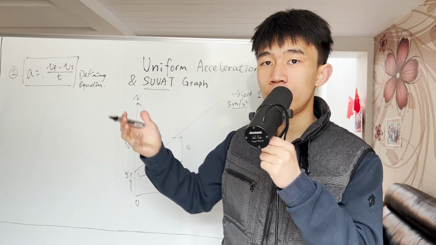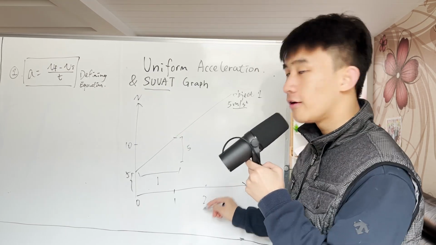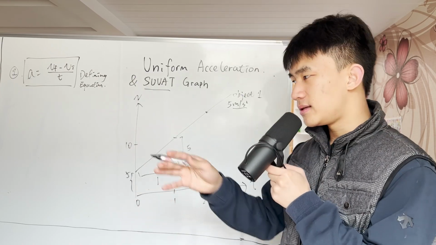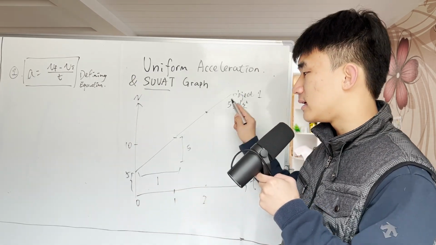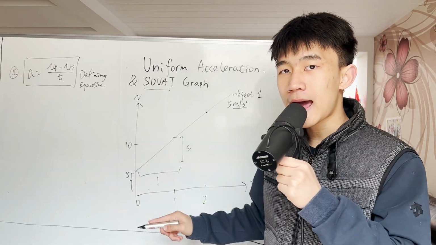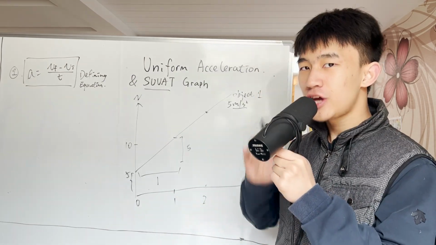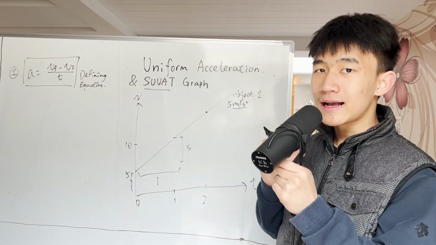What is the equation for velocity going to be? Say I want to calculate the velocity at t equals 2 seconds. How do we do that? Since we know the acceleration and we know how long it has accelerated, we know how much the object's velocity has changed from the start of acceleration to the end.